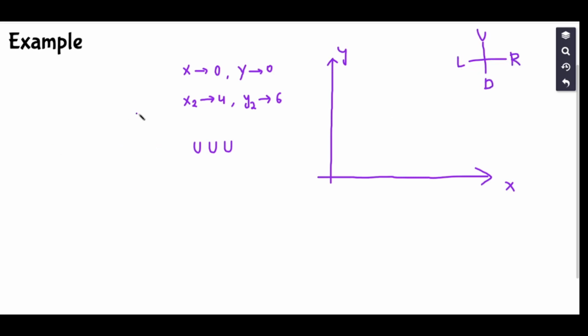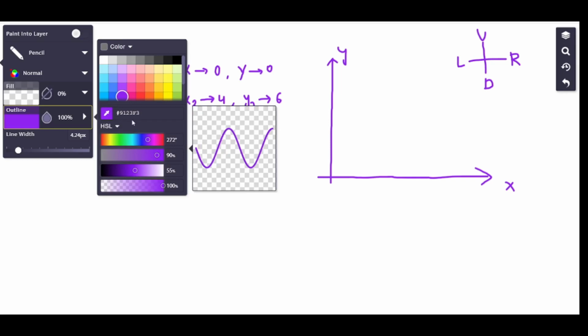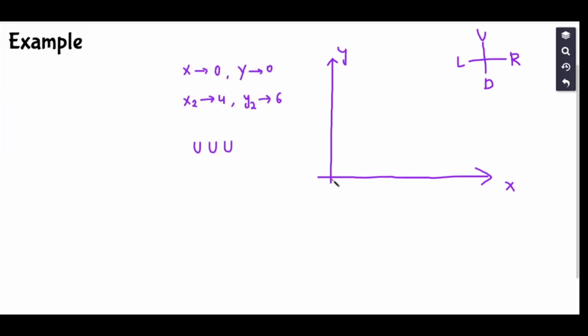Now the ship is standing over here, at 0, 0. Now this is the position 4, 0. Finally we have these coordinates, that is 4 and 6.